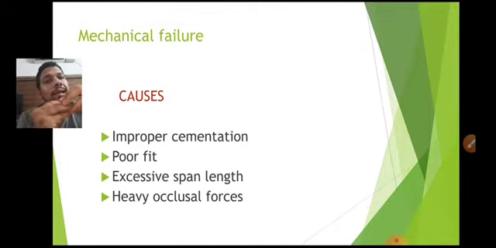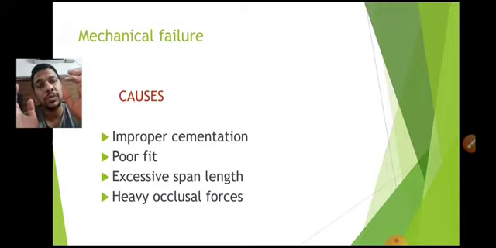There won't be any rocking because there is very little internal space between your prepared tooth and the restoration. So depending on your case, you are supposed to select the type of cement you are using and give the film thickness accordingly. So that is about the fit.